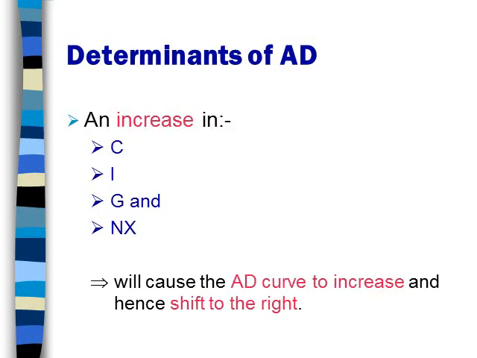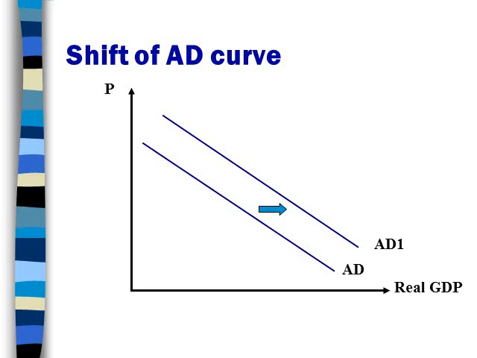Now let's take a look at an example. In this case, there's an increase in consumption or investment or government expenditure or NX. This will cause the AD curve to shift to the right. Let's take a look at the diagram. The diagram will be like this. So the AD curve shifts to the right. This means that when the price remains the same, people are more willing to demand goods and services.